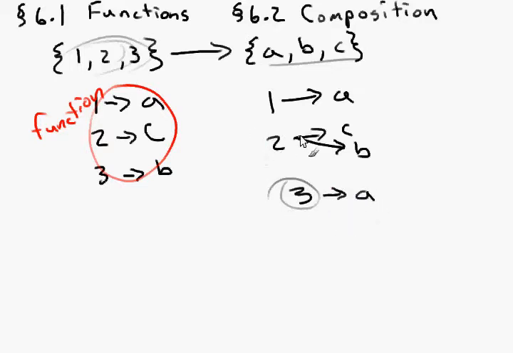Now, here's my other problem. 2 is going to two different things. I don't know if 2 goes with C or 2 goes with B. I need a definitive answer. I need to say every single time I say 2, the result is B. Or even if the result is C every single time.